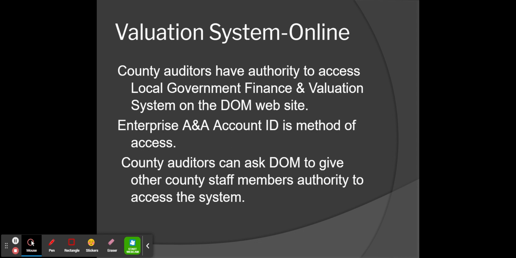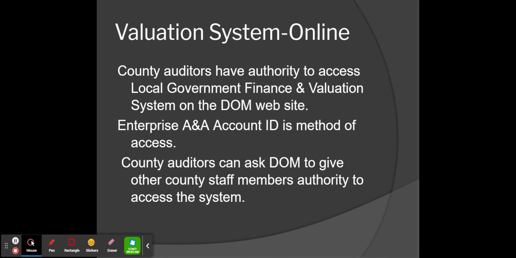Again, it is an online system. County auditors have access to the system using an enterprise A&A account ID. So if you're a county auditor and you've had access to the system in the past, that access should carry forward, as well as county auditors' staff members that are working in real estate can also access the system.